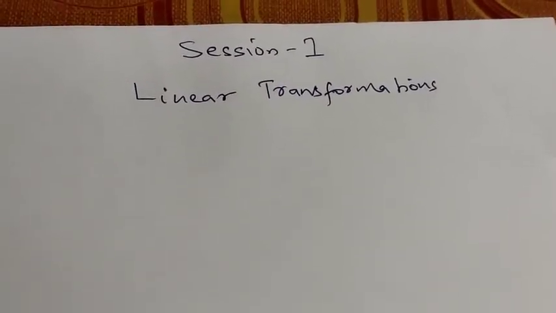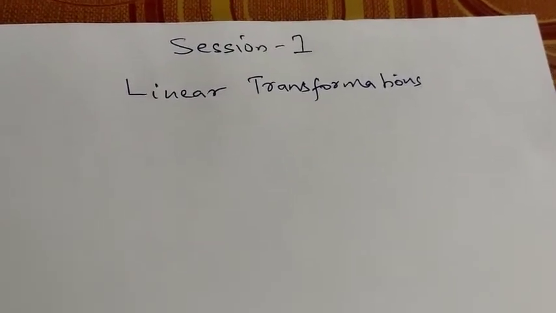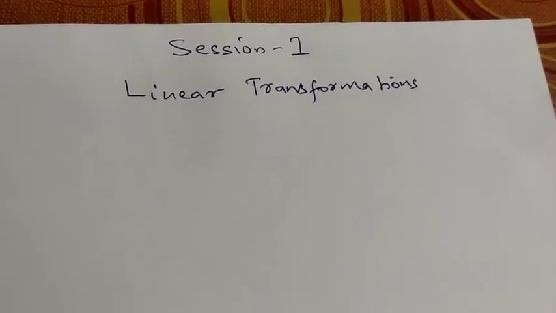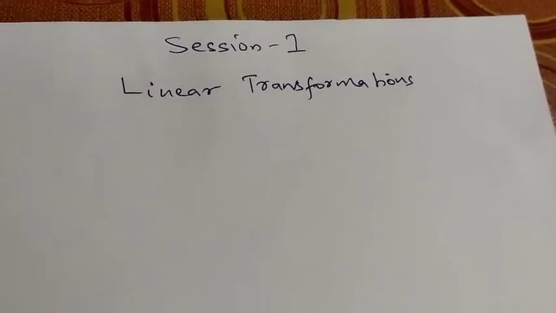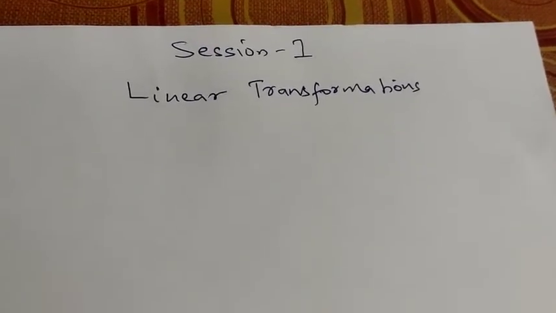Okay, and also you have studied what's meant by annihilators, annihilators of a subspace, and we have studied many results related to annihilators, and you also studied the results related to inner product spaces.